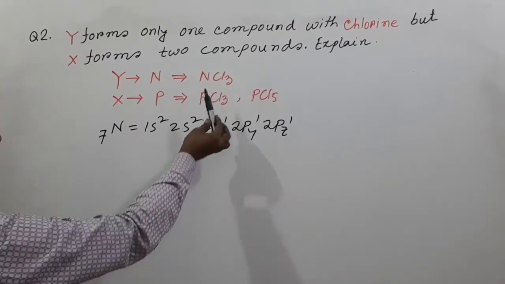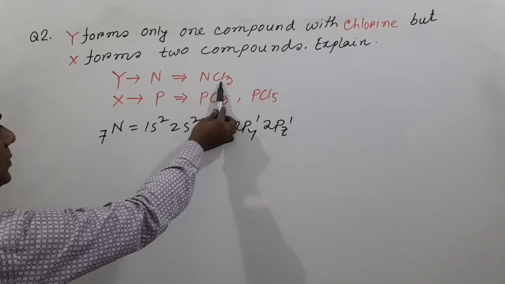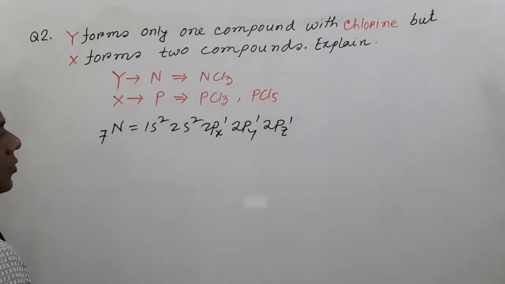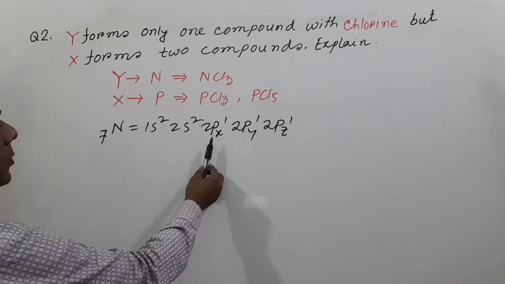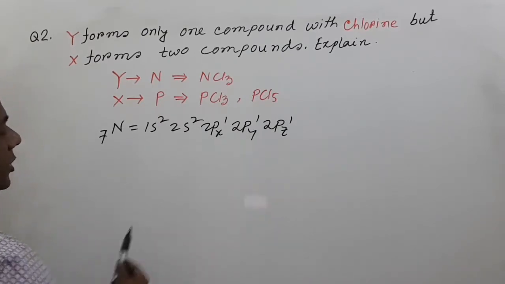That means 3pz1 orbitals of chlorine overlap with these unpaired electron holding orbitals, and that's why we get only NCl3.